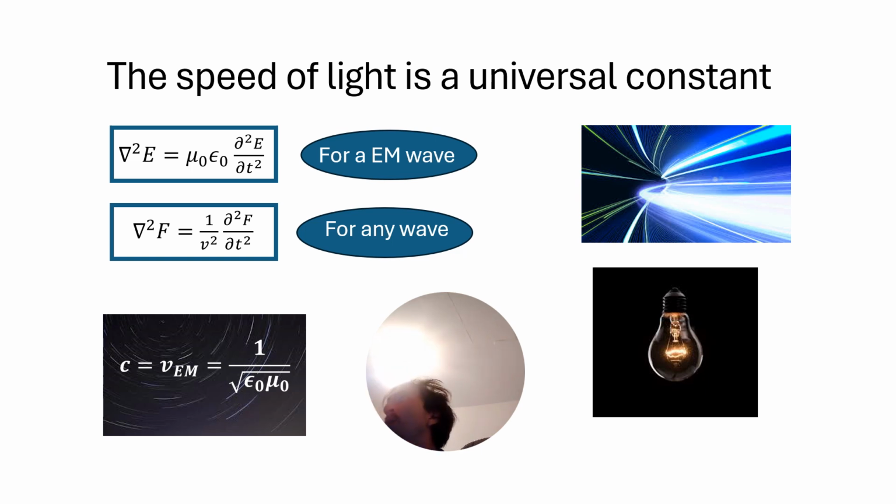If electric and magnetic fields can't travel through empty space at all, at any velocity, i.e. we set c equal to 0, then we would require epsilon naught and mu naught to be infinite.